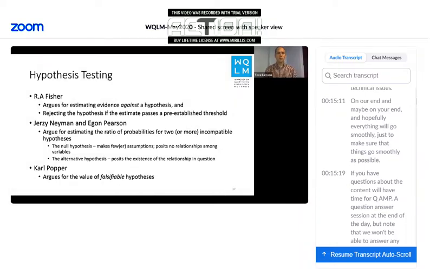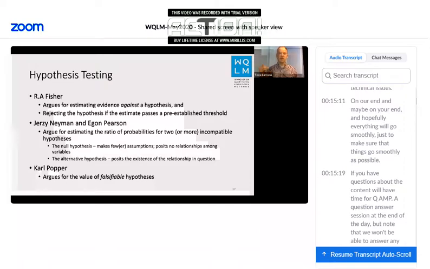Well, if we go clear back to Sir Ronald Fisher, he talked about the importance of trying to falsify a hypothesis.